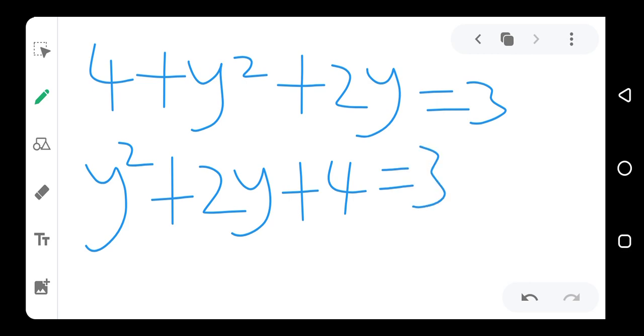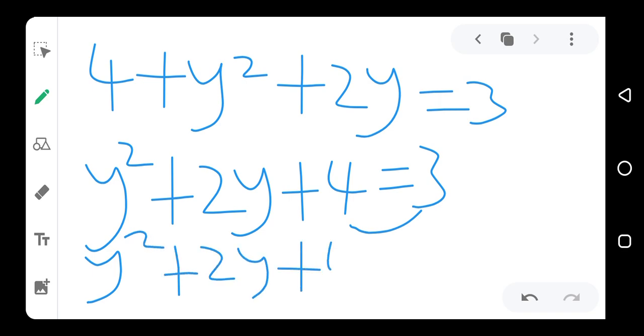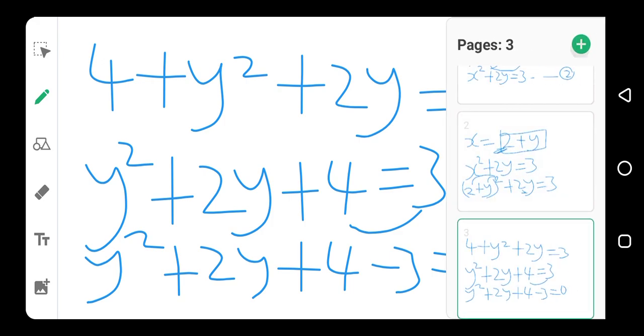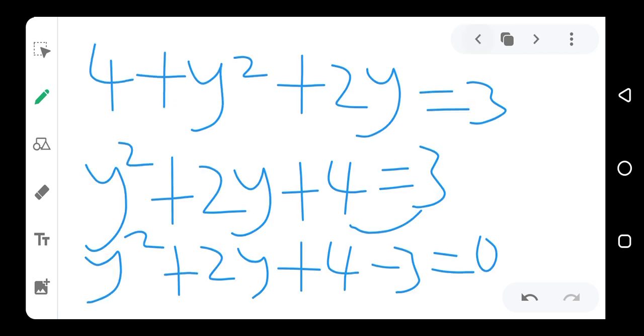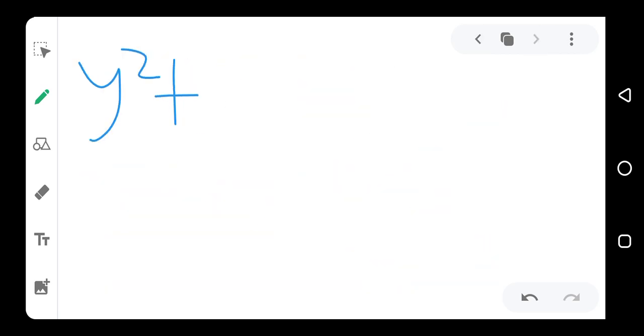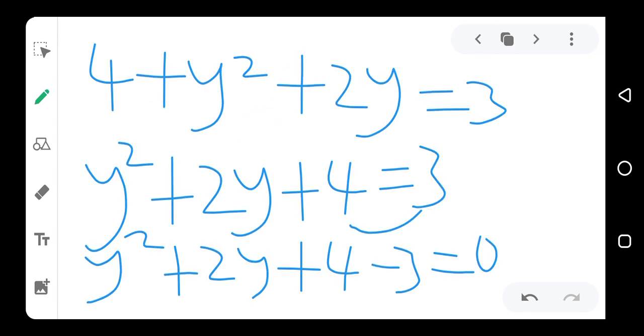Now, in a quadratic equation, we always have 0 on the right hand side, so we have to bring this 3 to this side so that we have 0 here. So this will now eventually give us plus 2y, 4 minus 3 is equal to 1.